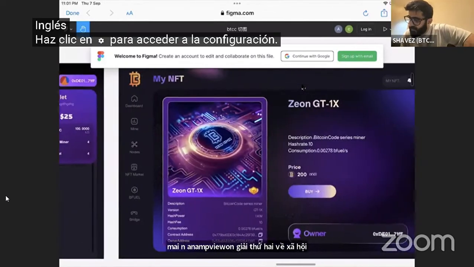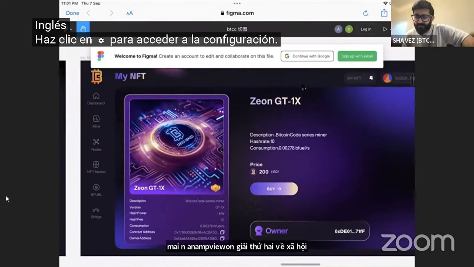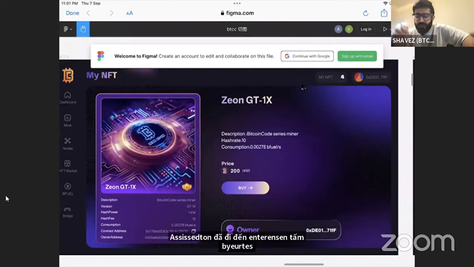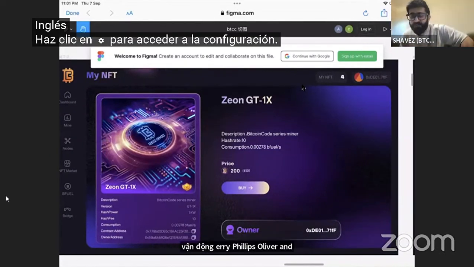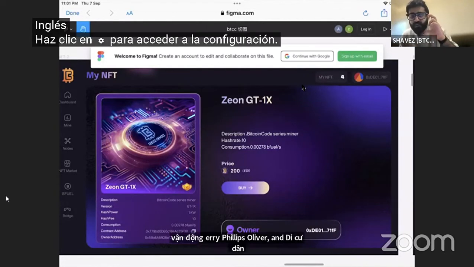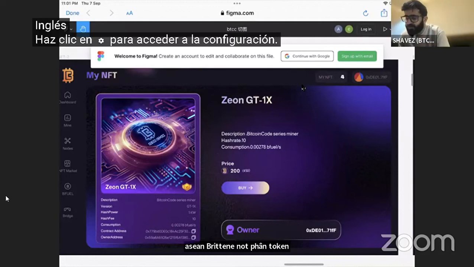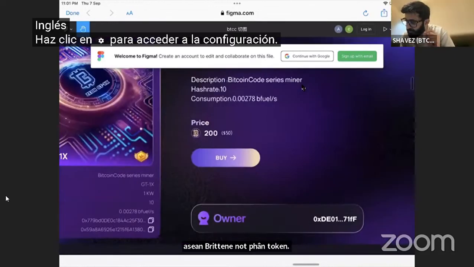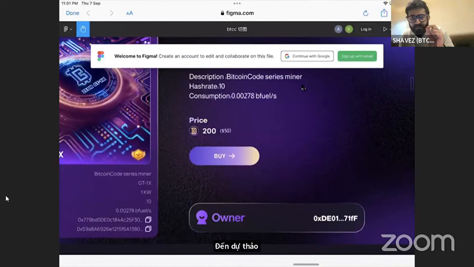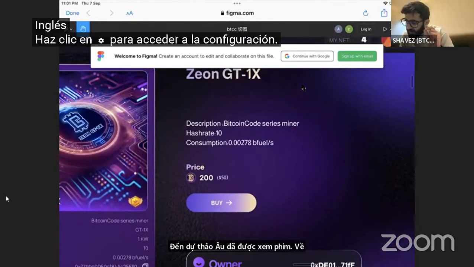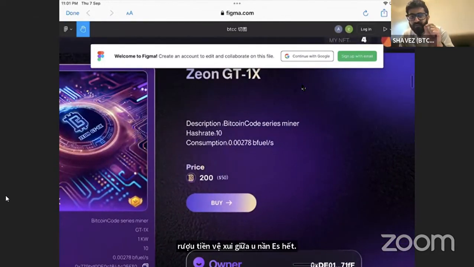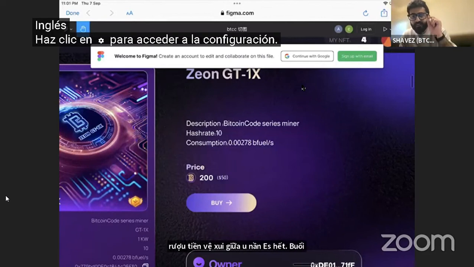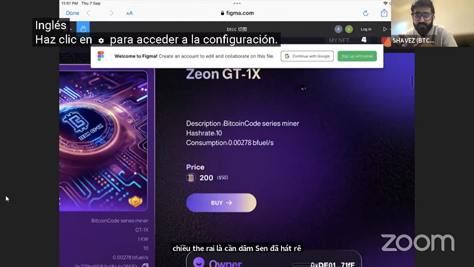And then when the buyer clicks on your NFT, this is an asset, right? This is a non-fungible token. This is how the description will show. It will show your owner address, the price, the consumption, the hash rate, and the series of the miner, because there will be more series afterwards.